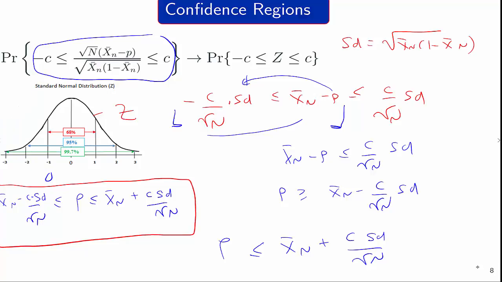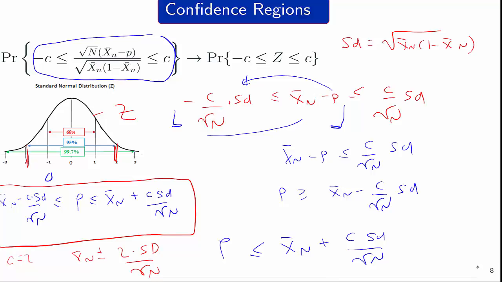So for example, if we choose c equals 2, there's a 95% chance that z lies in this range. So take c equals 2, then there's a 95% probability that p will lie in the range x bar n plus or minus 2 times standard deviation over square root of n. So all we do is pick the size of our confidence region.